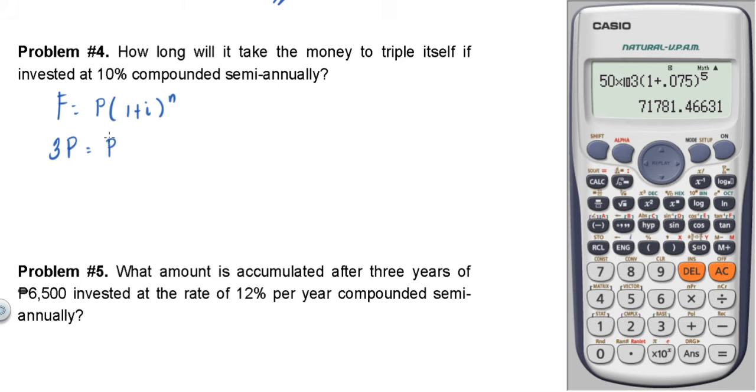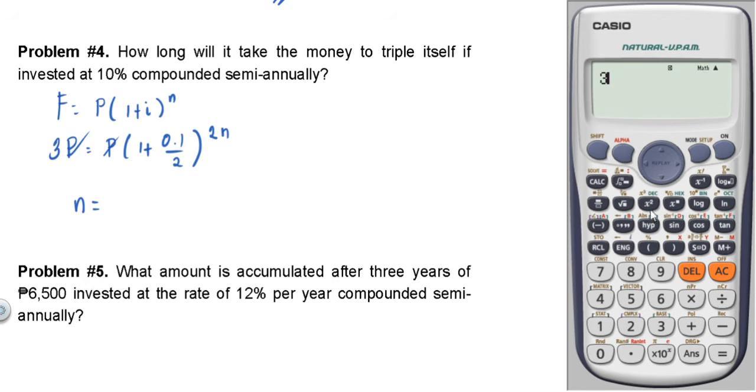Ito naman, P. 1 plus I is compounded semi-annually, no? So, 0.1 over 2. Then, raised to 2 times N. May N pa dapat, no? Times N. So, cancel na muna natin ang P. Then, solve for N. What is N? Diretso na natin to sa calculator.